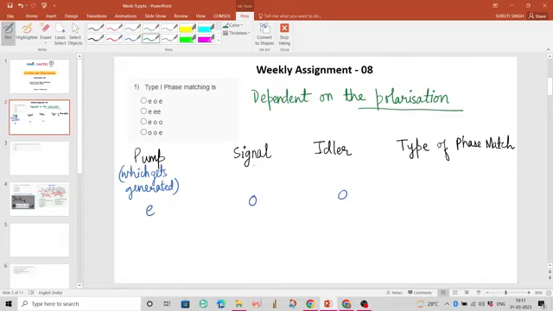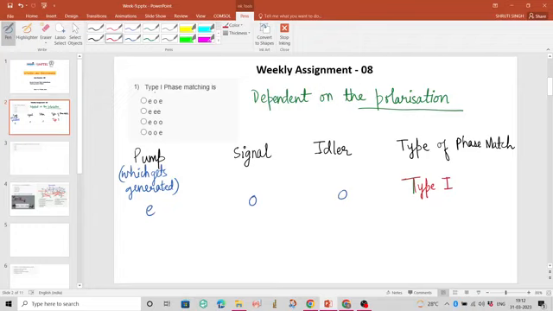So in this type, in which signal and idler are the same, O and O at 0 degrees, and the pump which comes out has polarization E, that type is called type 1. That is type 1.